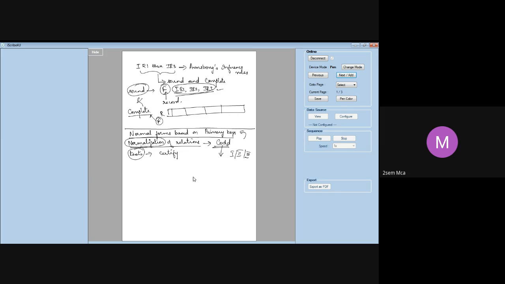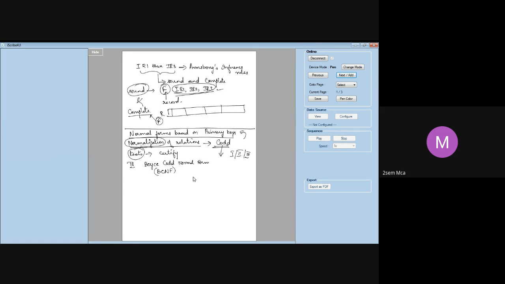Then came a stronger definition of the third normal form. They strengthened it and called it BCNF, or Boyce-Codd normal form, where another person called Boyce joined along with Codd and brought out a slightly stronger version of the third normal form.